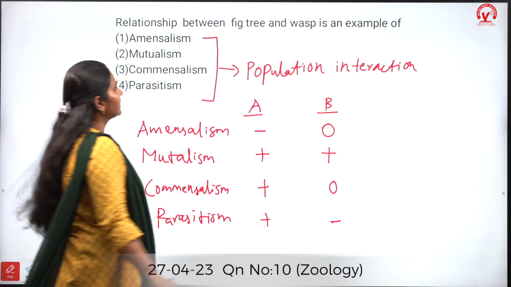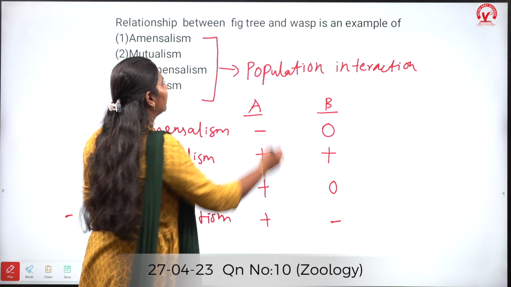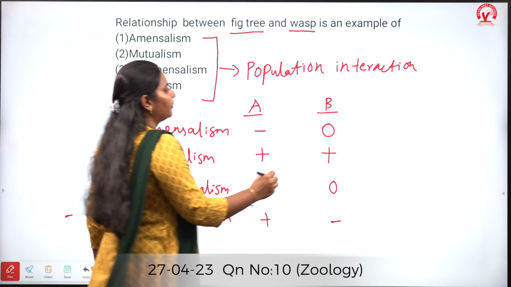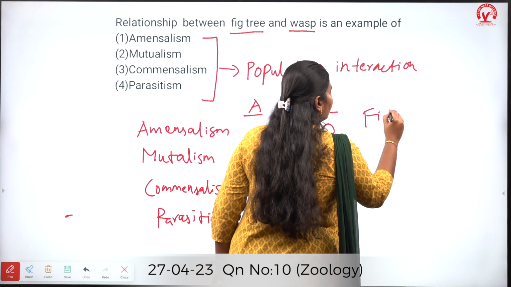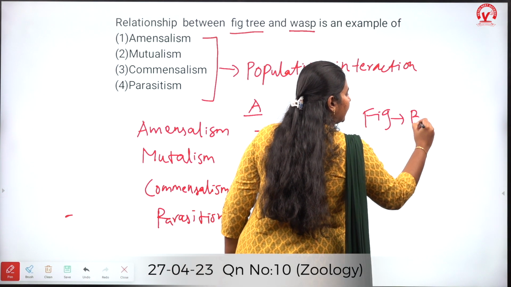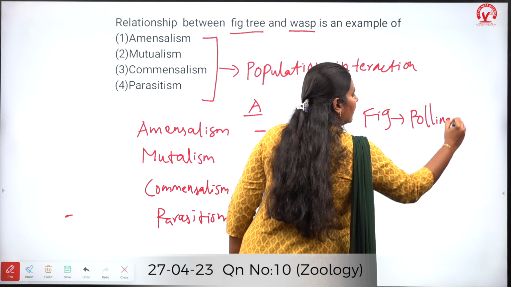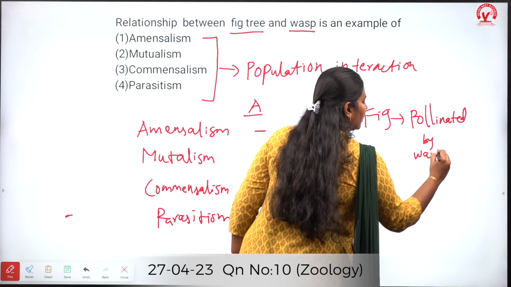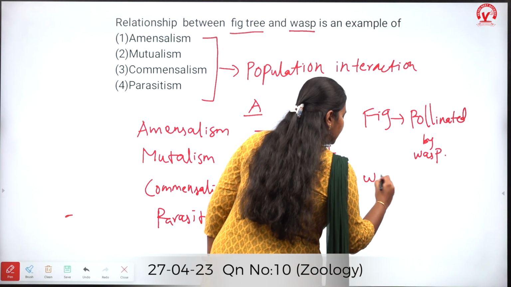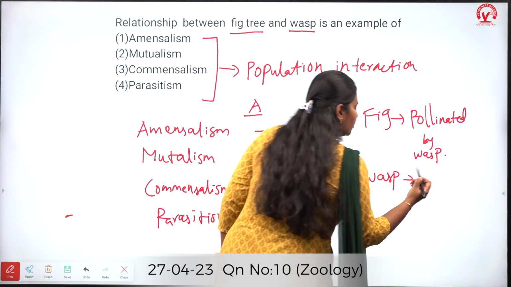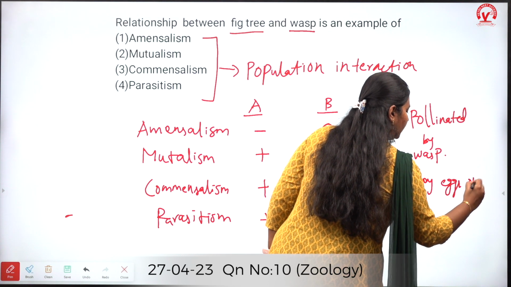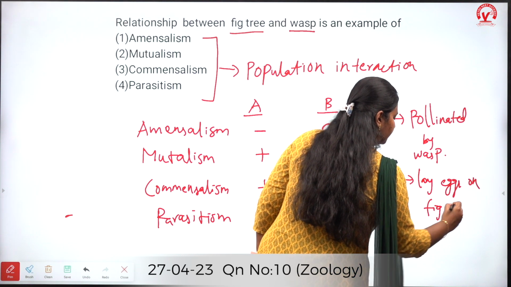Here the question asked is, what is the relationship between the fig tree and wasp? Usually the fig trees are pollinated with the help of wasp, and this wasp usually lays eggs on fig trees.